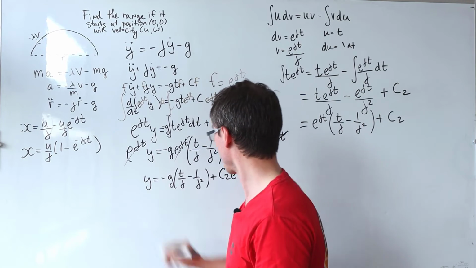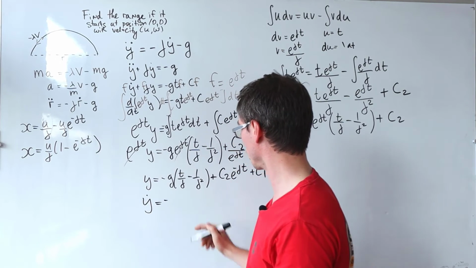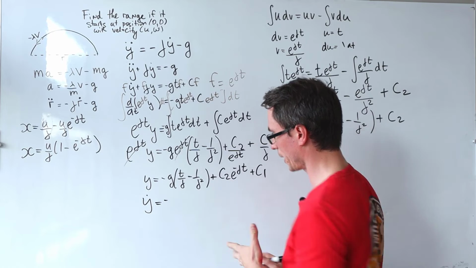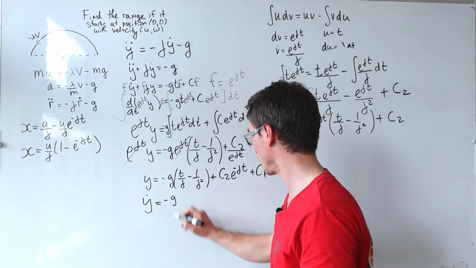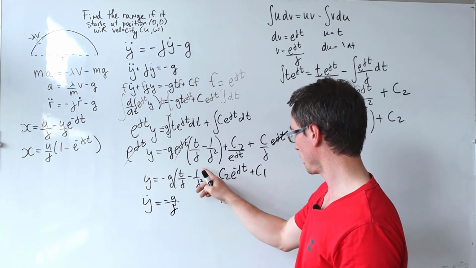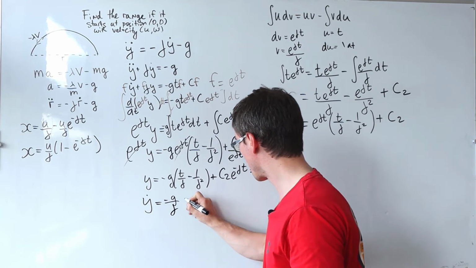So I'm going to say that y dot is equal to, now what do we have? This term here, minus gt over gamma. Whenever we differentiate that, what we'll have left is minus g over gamma. This term here is a constant that's going to disappear.